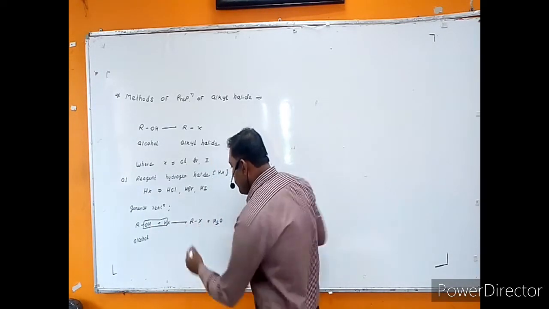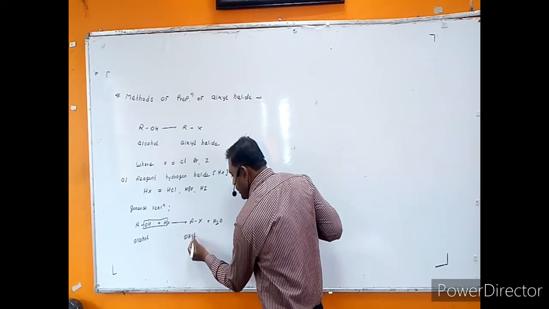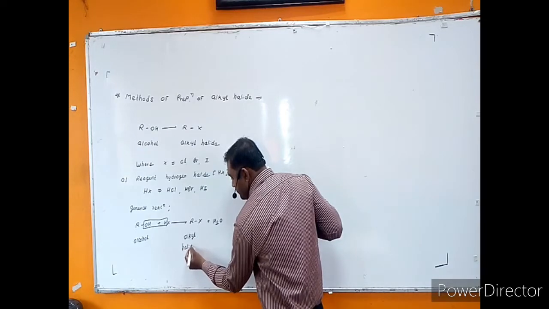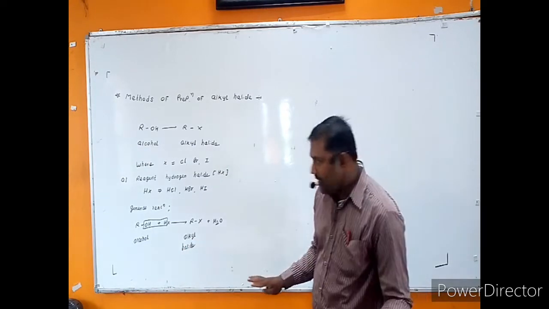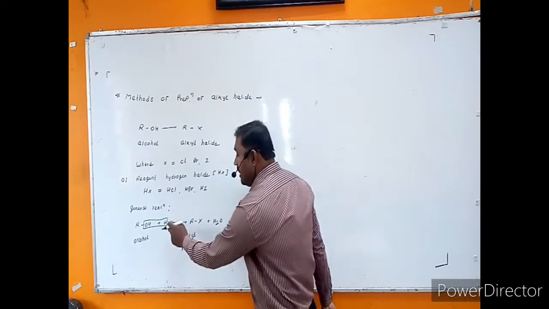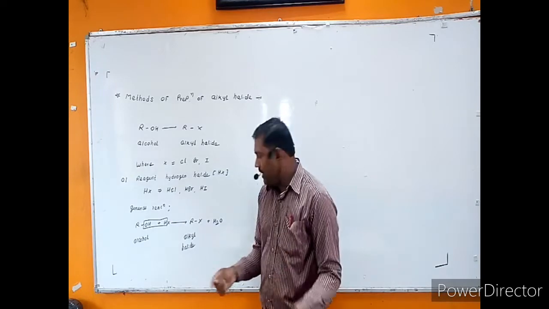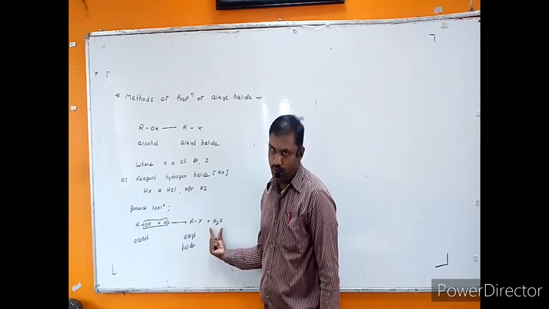And what is our main product? RX, that is our main product, that is called alkyl halide. Clear? Now this is clear. Alcohol when treated with hydrogen halide, we get alkyl halide along with byproduct, that is H2O.